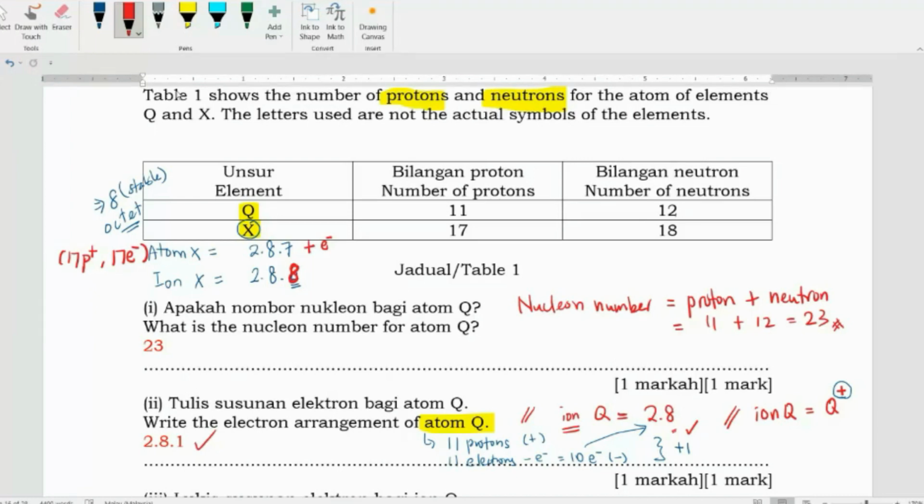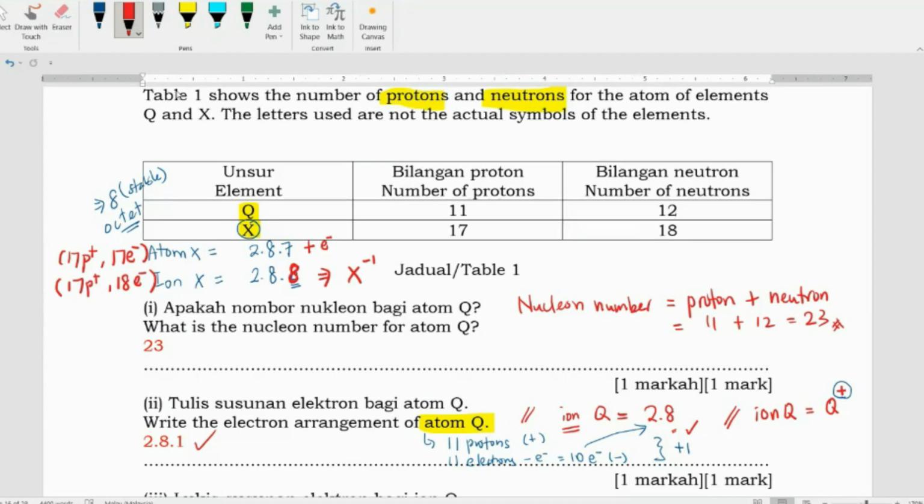Negative 1, correct. Protons still remain 17, but now you gain 1 electron, so becomes 18 electrons. Electrons are more by 1 unit compared to protons. So it becomes X negative 1, or X negative. Okay, class.